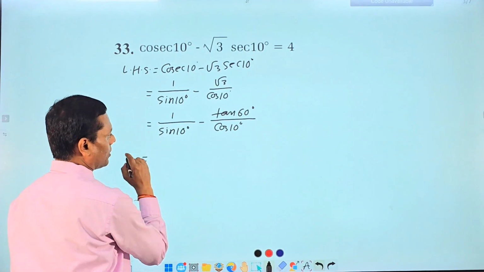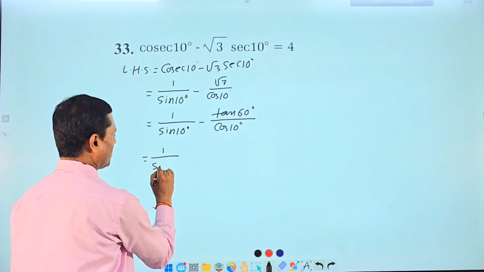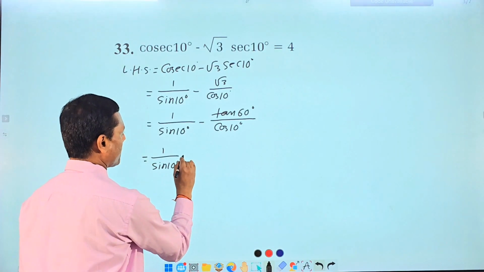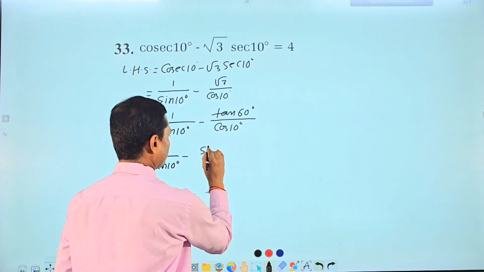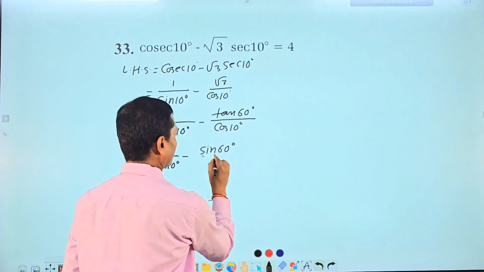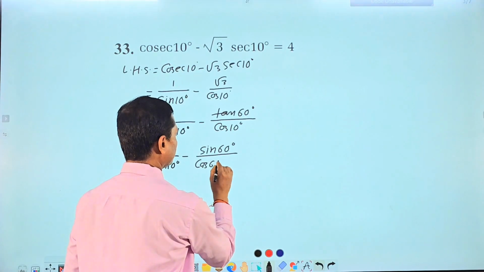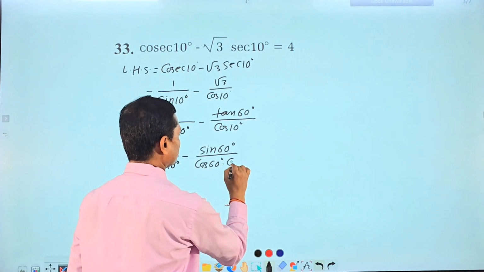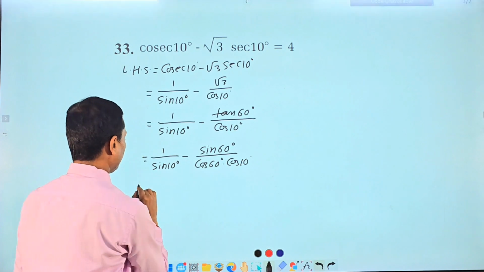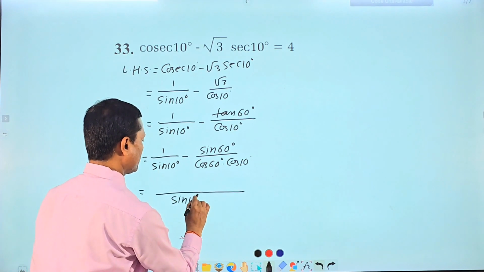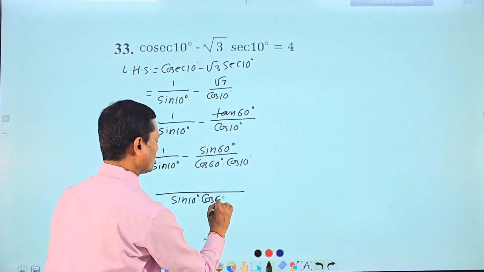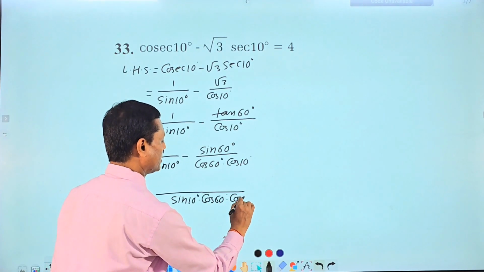Okay, 1 by sine 10 degree minus tan means sine by cos, so this becomes sine 60 degree over cos 60 degree dot cos 10 degree. Next step, LCM. LCM means here is sine 10 degree dot cos 60 degree dot cos 10 degree.